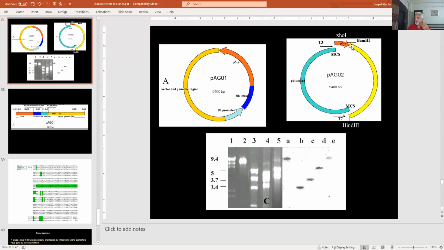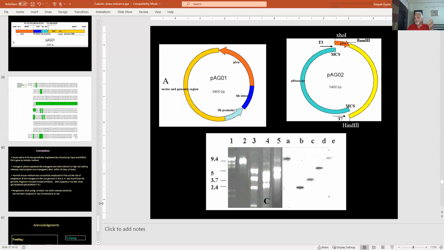Then it was sequenced. The idea here is that if you know this sequence and match it in the genome sequence, you will know where the gene has gone, whether your transgene has gone into a functional gene, a non-functional gene or some repetitive region.